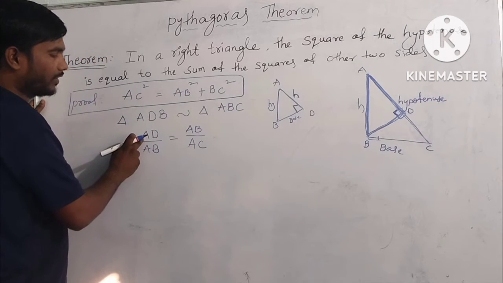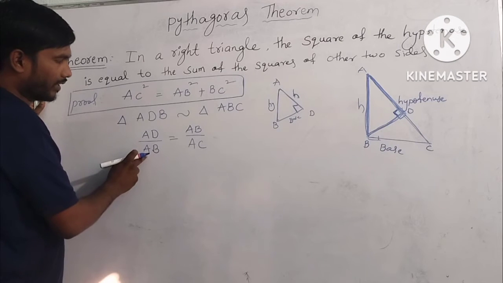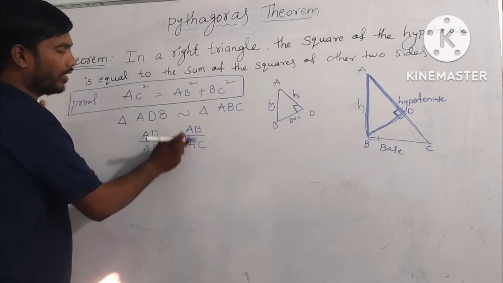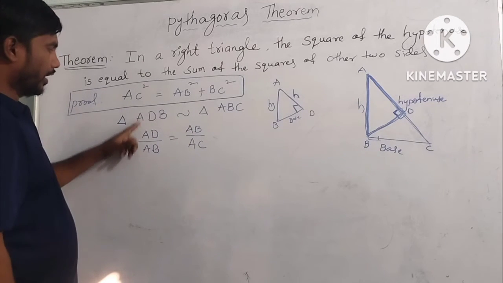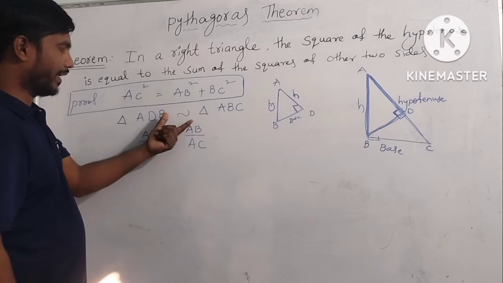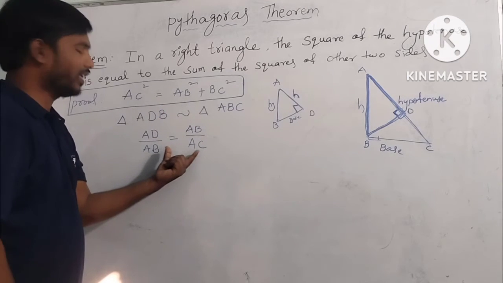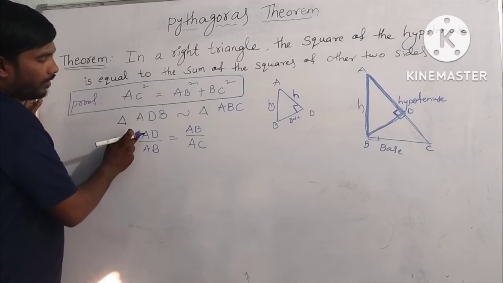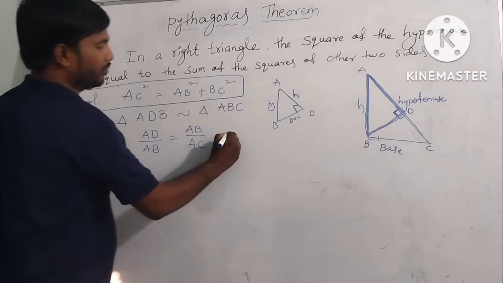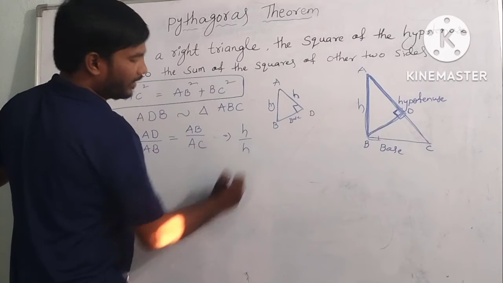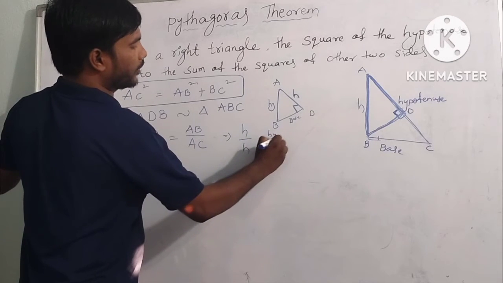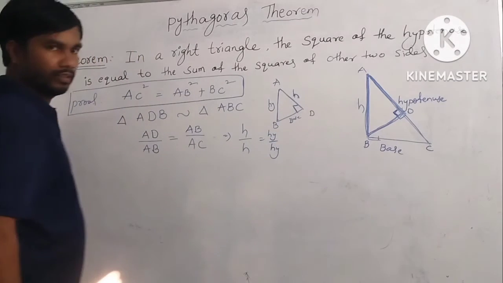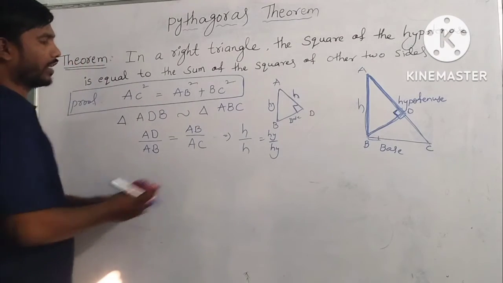So first we are taking the heights of the smaller and bigger triangles, and the hypotenuse of the smaller and bigger. Since these two triangles are similar, corresponding sides are in equal ratio. So the ratio of heights is equal to the ratio of hypotenuses.